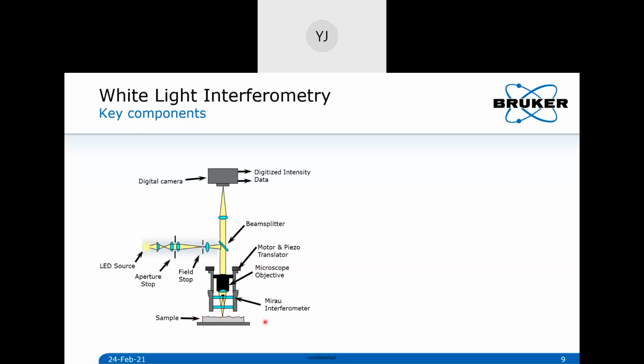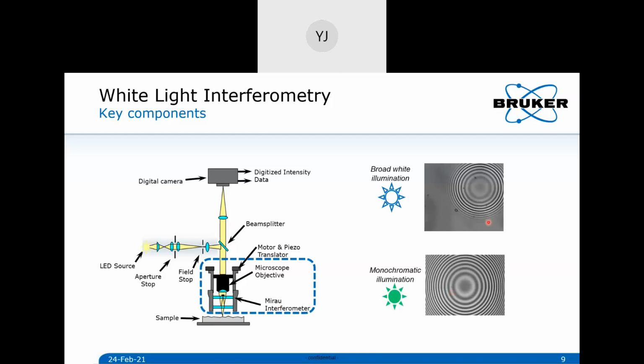If I had a flat sample as well, then there would be no path difference, and I would get a bright light in my camera. Because of this path difference, I get some kind of interference pattern, depending on the kind of illumination you use.